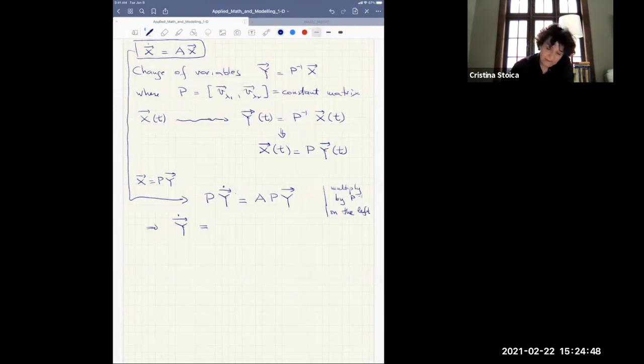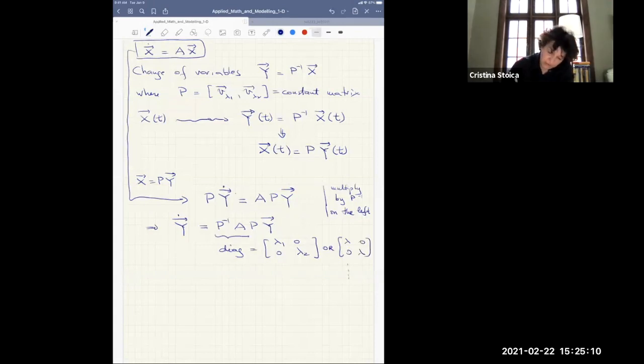So here we have P minus 1 A P y. But this was the diagonal matrix, the one with lambda 1, lambda 2, or lambda 0, 0, lambda, all those variants.